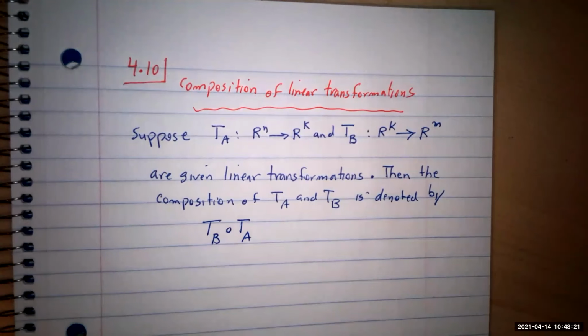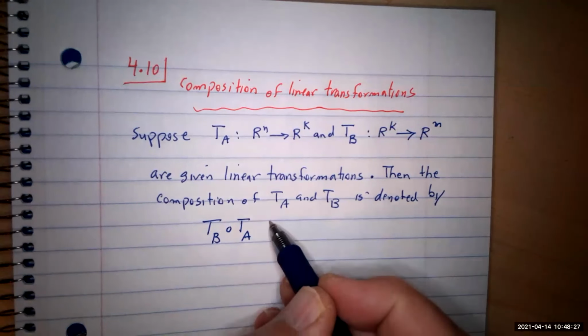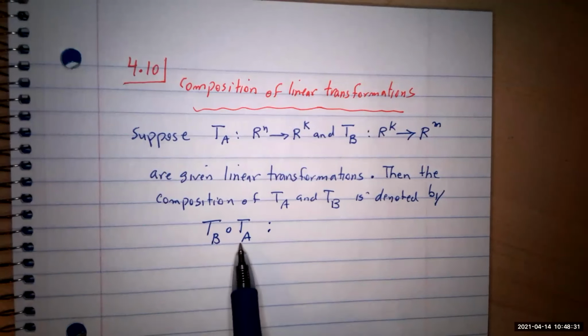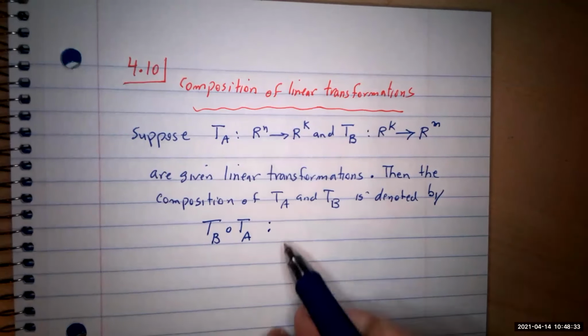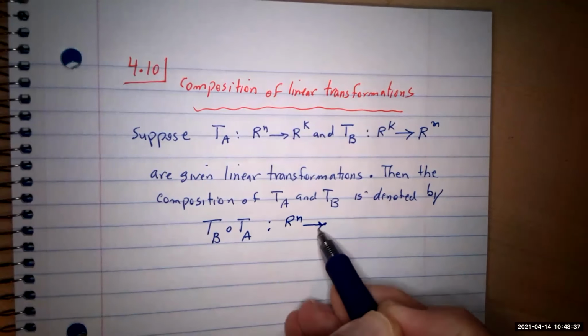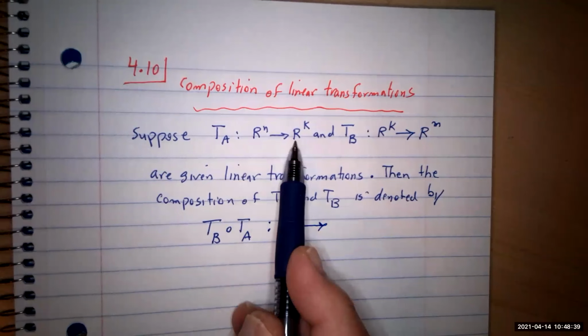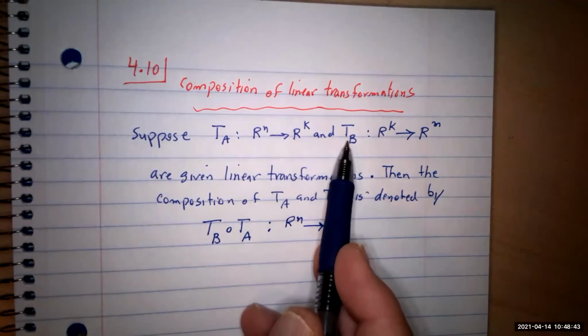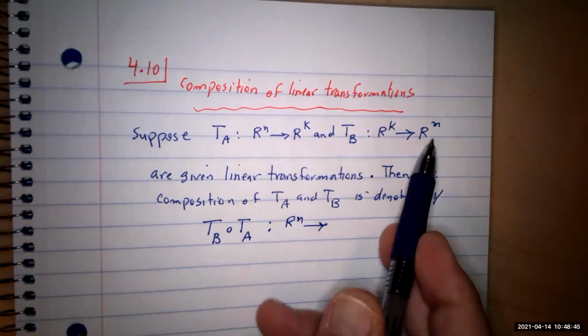And what's going to be the domain and the range of this? You've got to be careful. We apply TA first, so we start with Rn. TA would take us to Rk, and then TB goes from Rk to Rm.